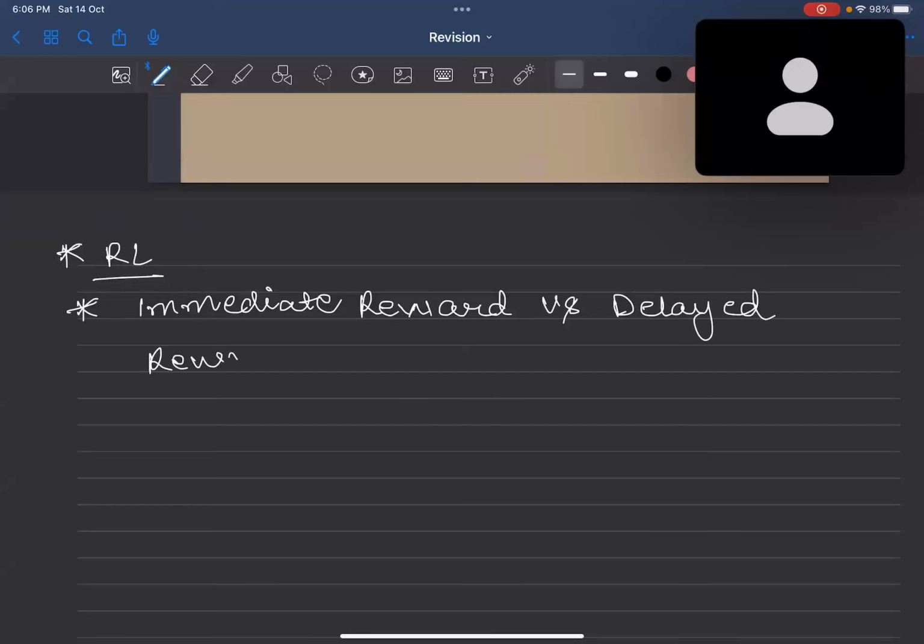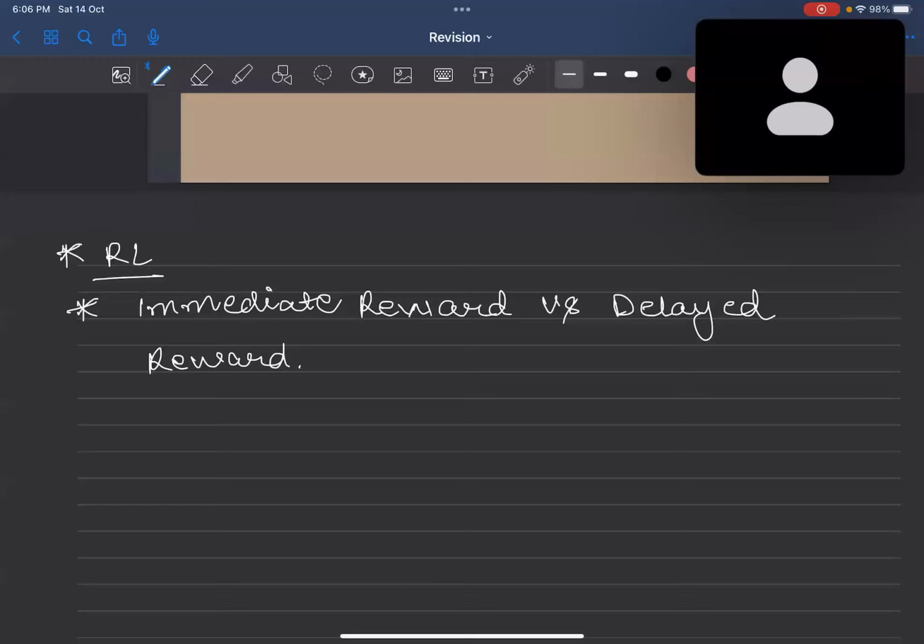Can you tell what is the difference between immediate reward and delayed reward? Okay, madam, let me attempt. See, the reward is the one which we get by taking the immediate step, that means taking an action and going to the next state. Whereas the real reward actually comes somewhere down the path, at the end of the episode.